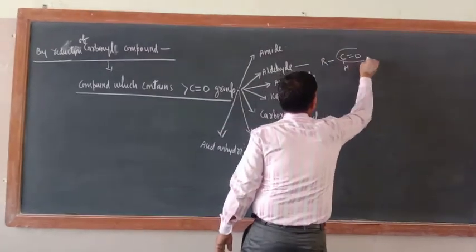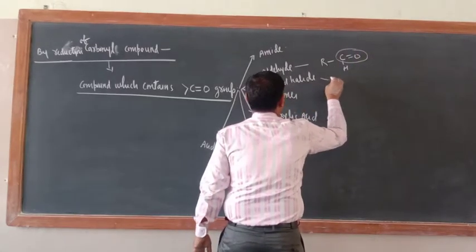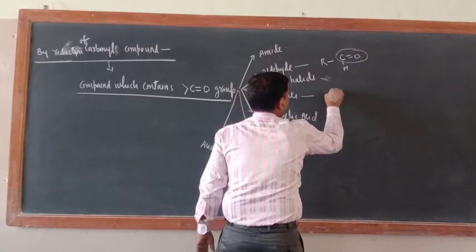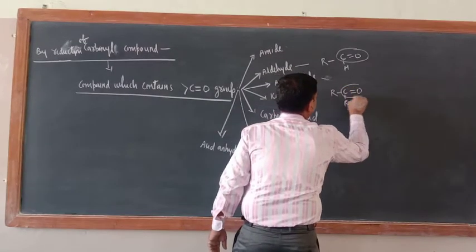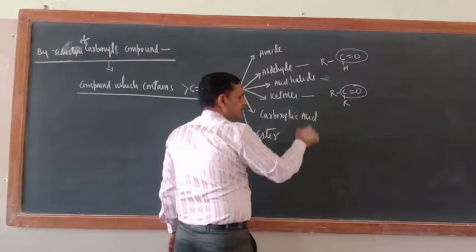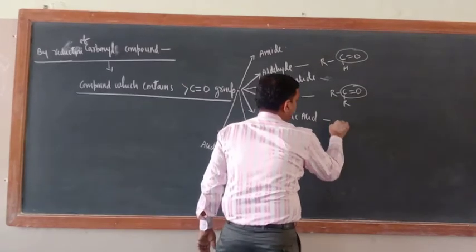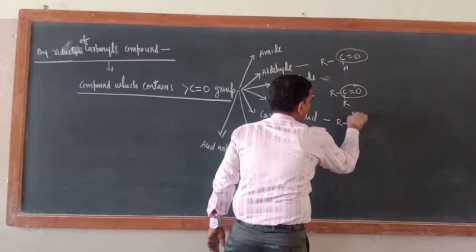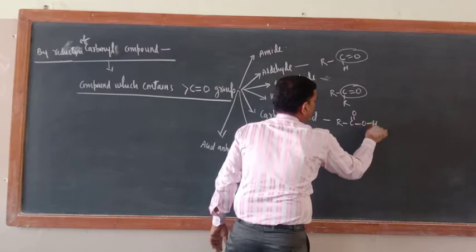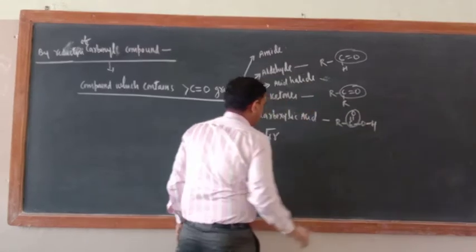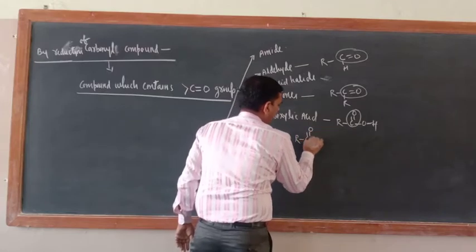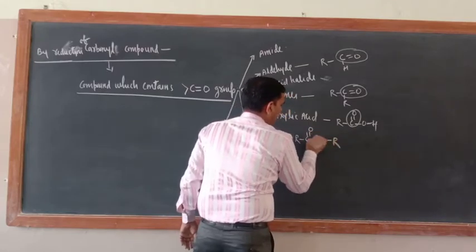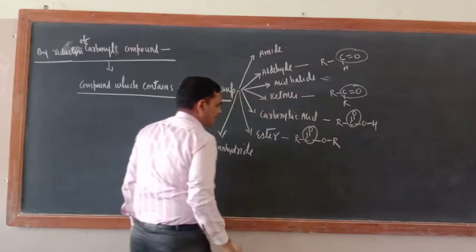This contains the RCO group. Ketone is RCR double bond O, which also contains the CO group. Carboxylic acid is RC double bond O OH, which also contains the CO group. Ester is RC double bond O OR, where the CO group is also there.